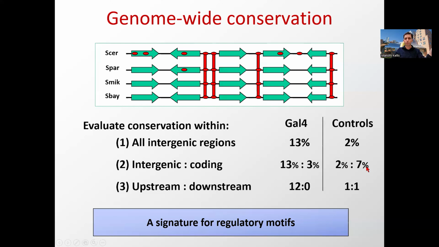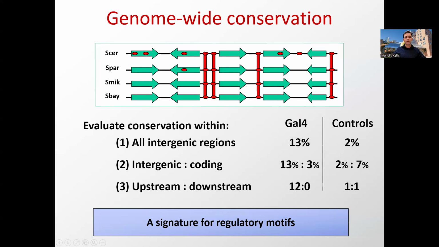So basically, control motifs were slightly more conserved. Gal4 was less conserved. You could be puzzled by that, but maybe it makes sense. Maybe you actually don't want to have regulators binding in the middle of genes. Maybe that's the reason why it is that way. But basically, the ratio of intergenic conservation to coding conservation was actually quite indicative of real motifs.